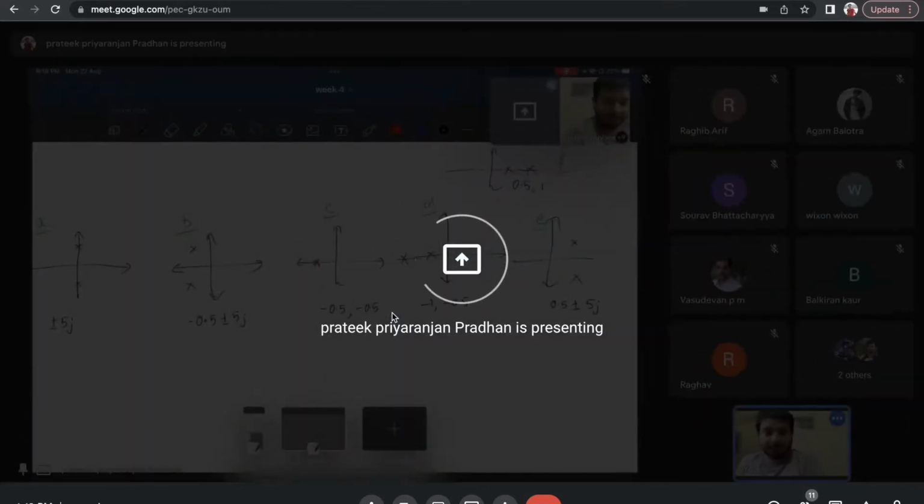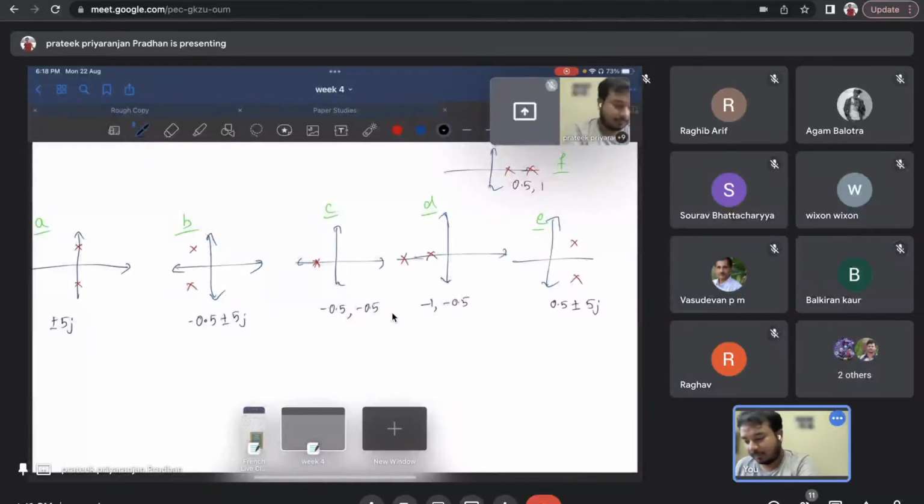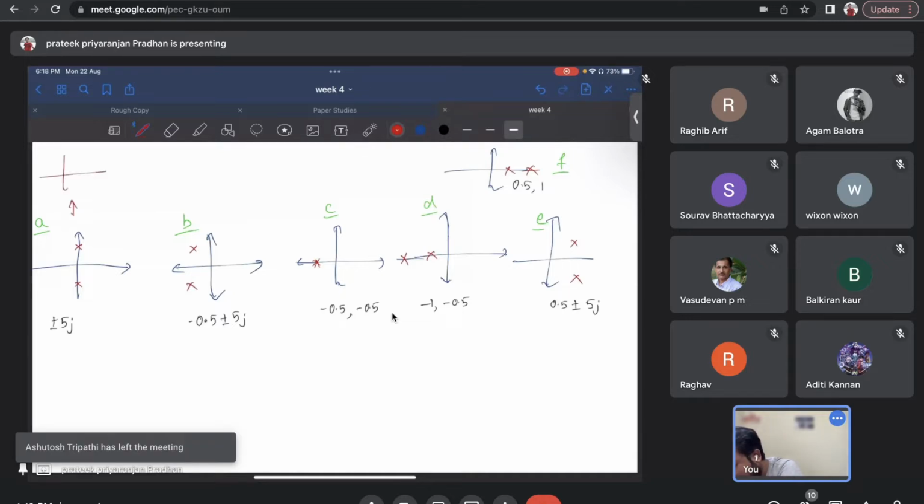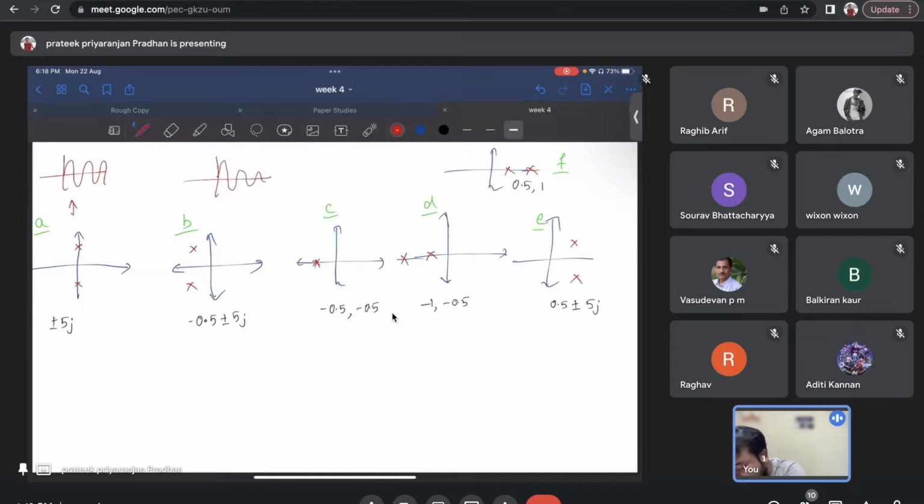Okay. So this had a behavior of pure oscillations. This had a behavior of oscillations dying out gradually. This didn't have any oscillation, it just went up and died out.